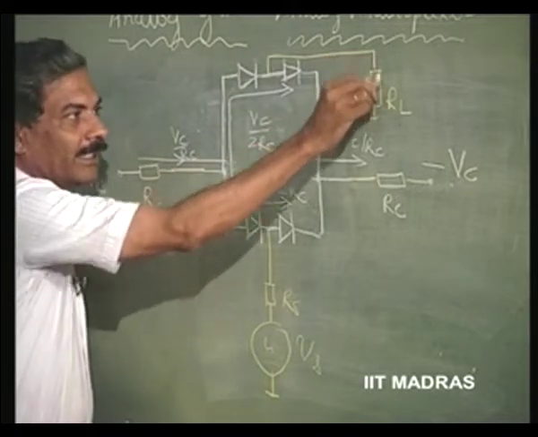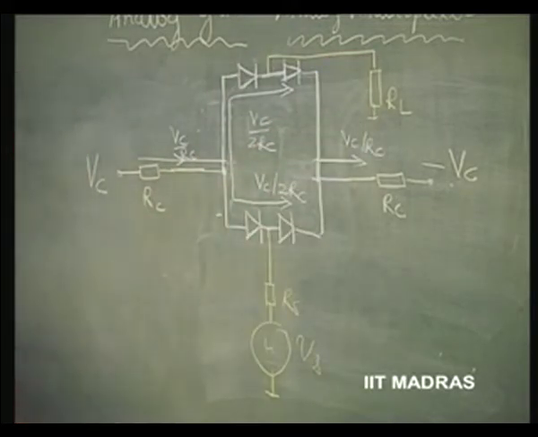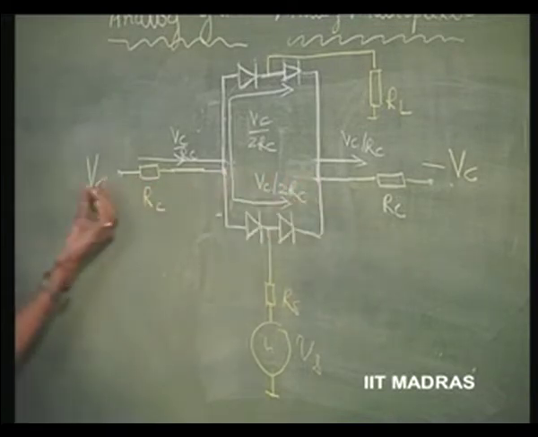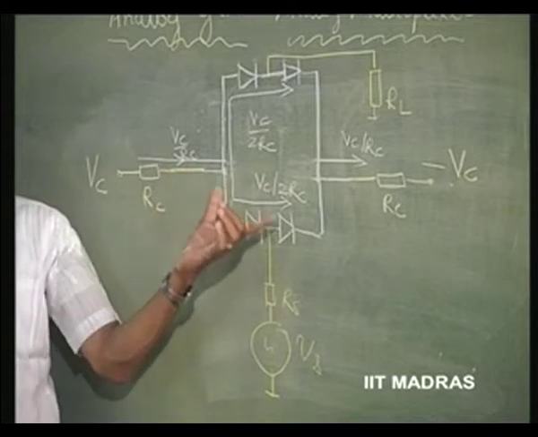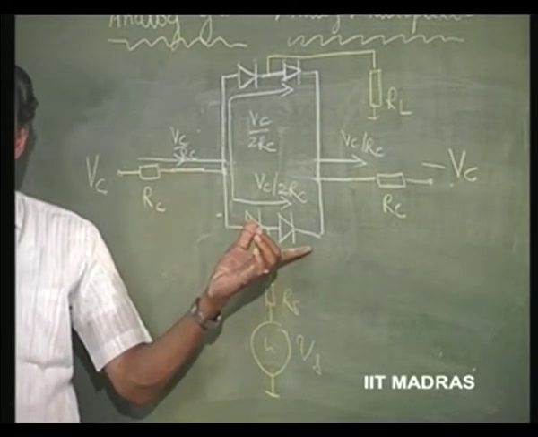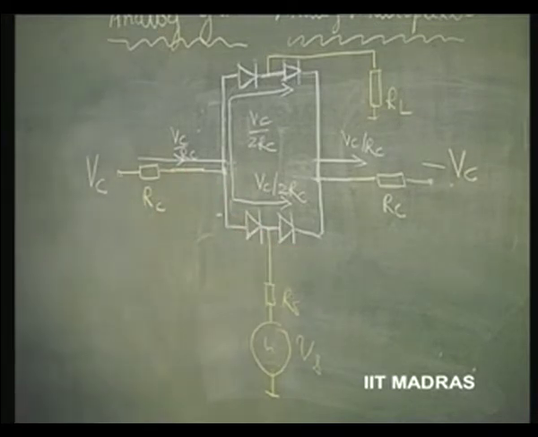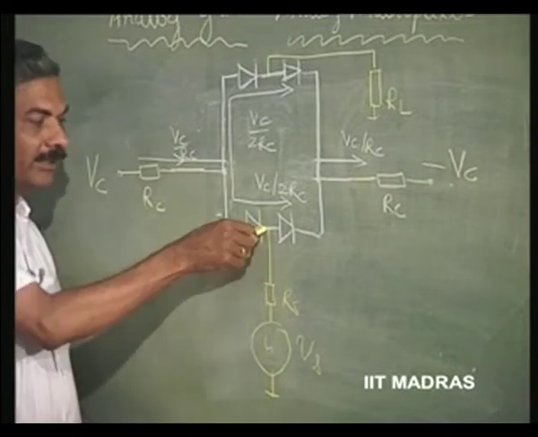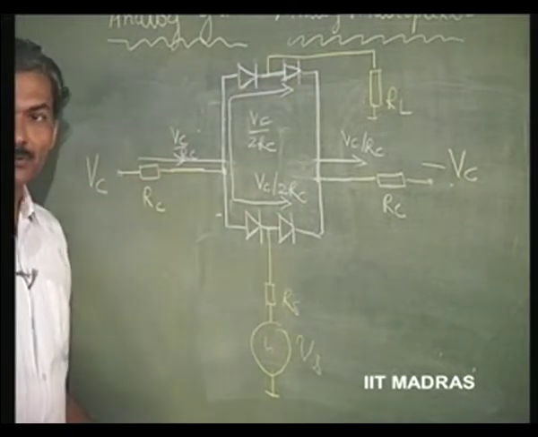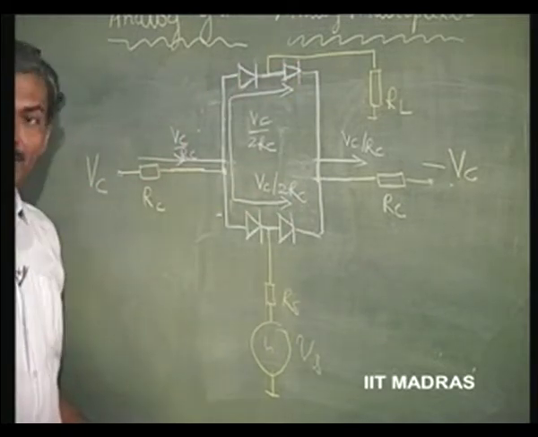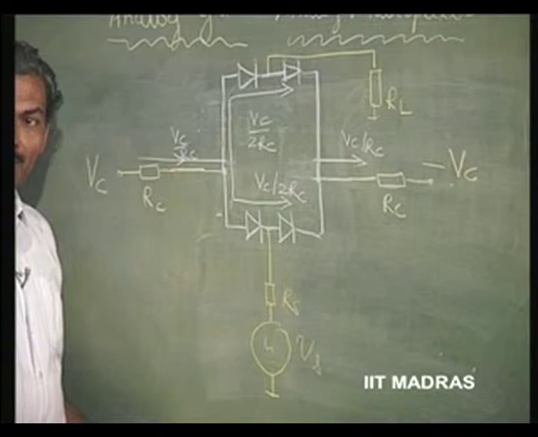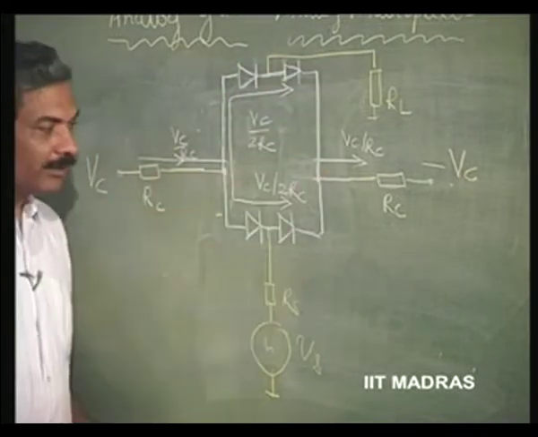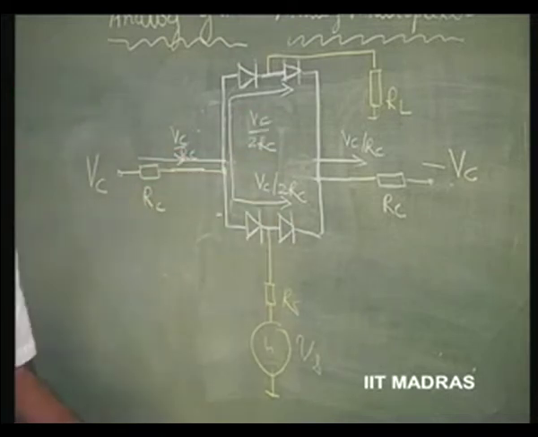This is simply connected to the load by this process of control. Remember that this current of Vc by Rc is maintaining the diodes in conduction. But the moment it links this signal source to the load, current will flow through this. So, through the short circuit the load current will have to flow.